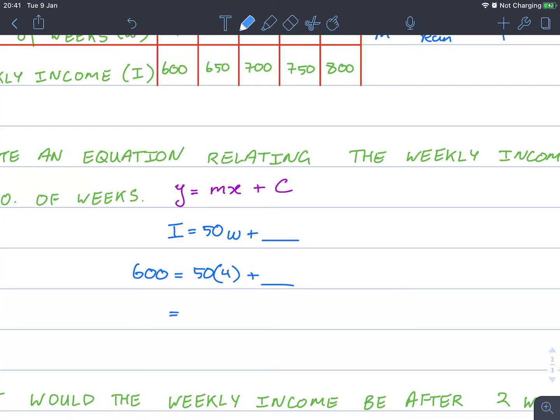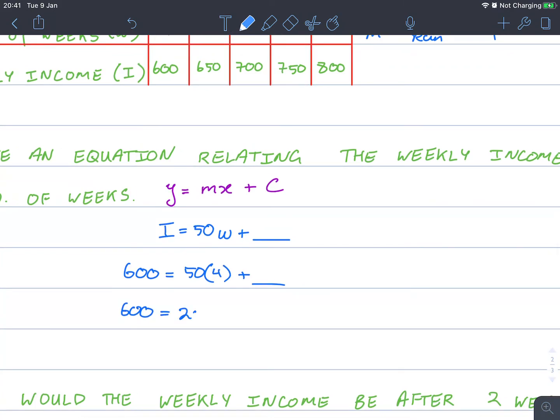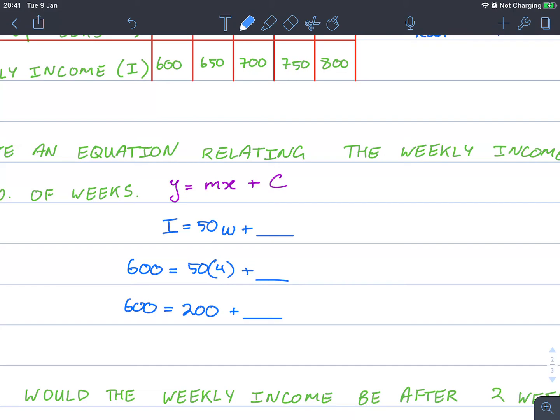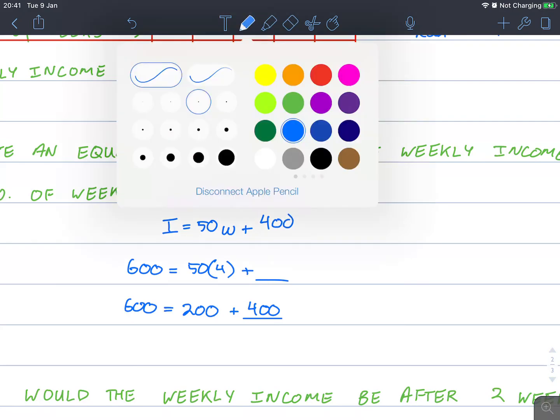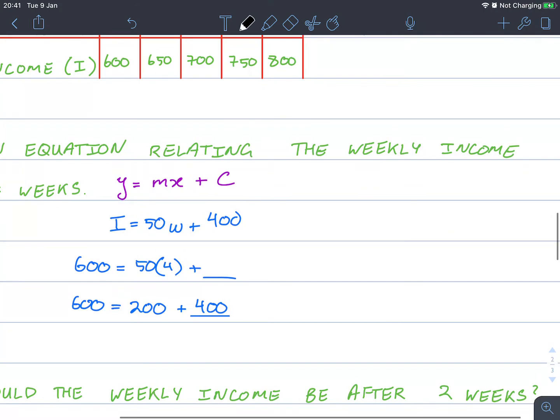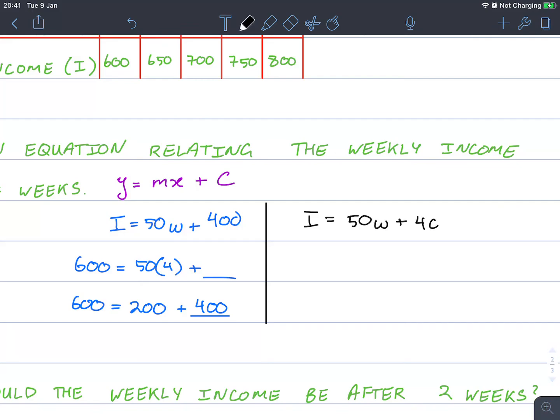Well, we can evaluate this. It's going to be 600 equals 50 times 4. That's 200 plus something. And it's very clear to see that that something is going to be 400. So the missing value we were looking for is 400. So in the end, our linear relationship, I'll write it here in black, is going to be I is equal to 50W plus 400.